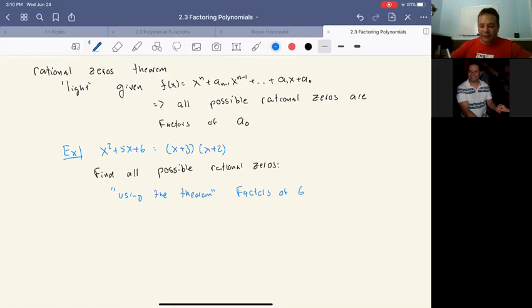Okay, the factors of 6 are plus or minus 1, plus or minus 2, plus or minus 3, plus or minus 6. And so you can see that our 2 and 3 show up in that list.